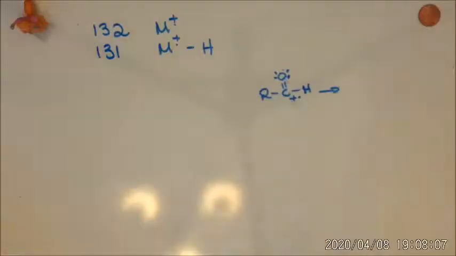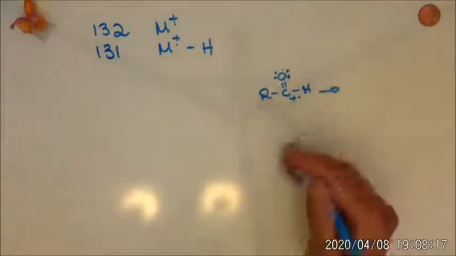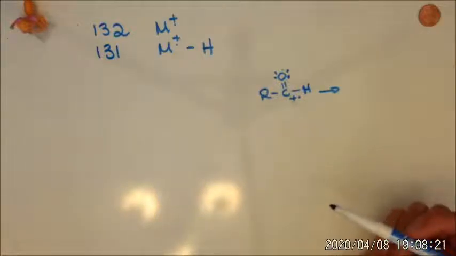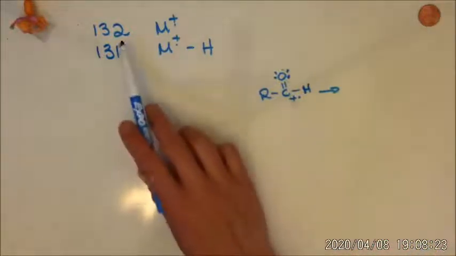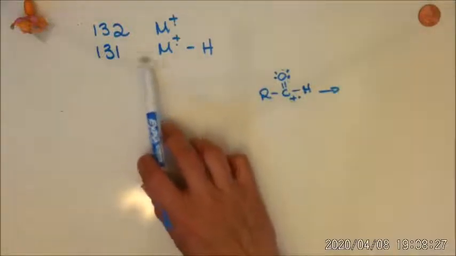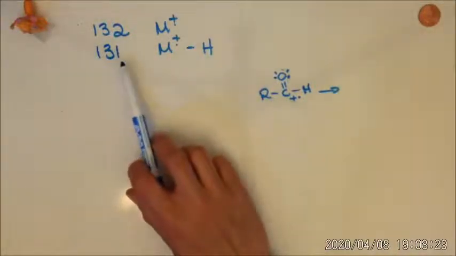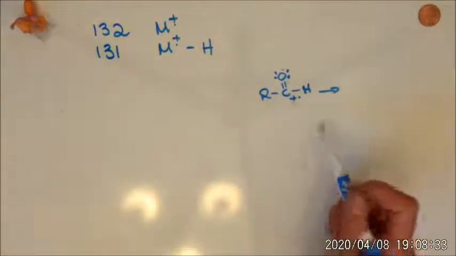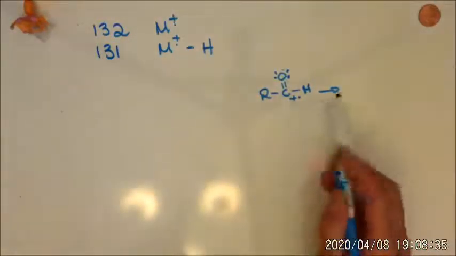Okay, let's look in more detail about that example for structure determination using mass spec, IR, and proton and carbon NMR. So let me just draw out what we're talking about. This is my molecular radical cation, and it's at 132. Now I lose a hydrogen to get 131. How is that possible? So one possibility is this.